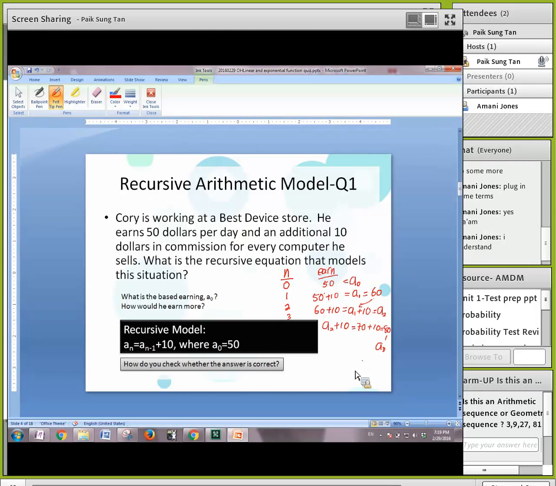Okay, good. So you know what you're going to earn because this is a simple situation, and when you plug it in, the n is how many you sell. You need to know what n equals 0 means.